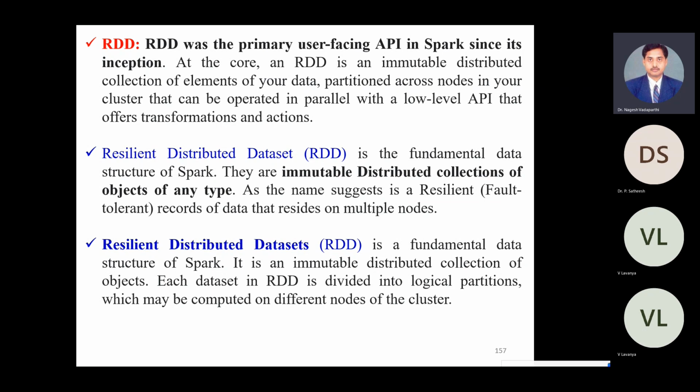Take stock market data: serial number, name of the share, cost of the share, name of the company, total price, and like that. A number of parameters, a number of columns in a data set, maybe Excel or CSV. So once I am loading the CSV file into the Spark system, that is called inception.